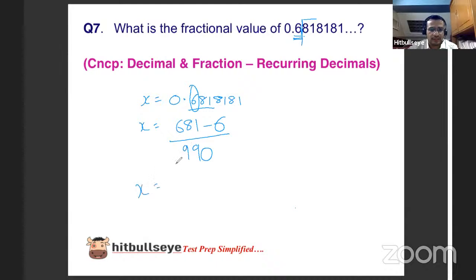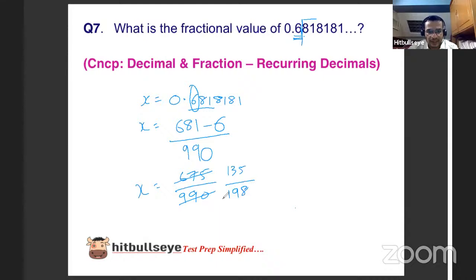Now, what is the value I'm getting? 681 minus 6 is 675 divided by 990. Like I said, I will convert this into the lowest form possible. Dividing by 5, I get 135 by 198.